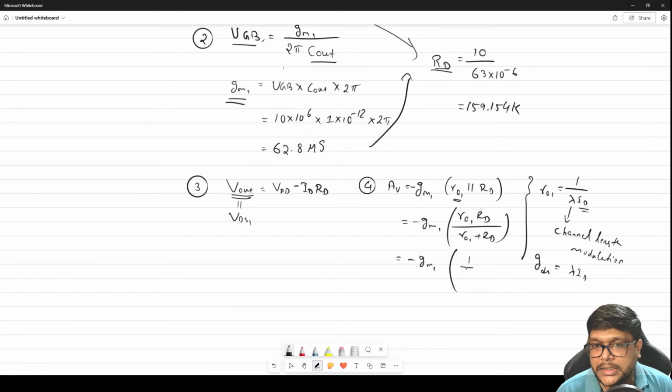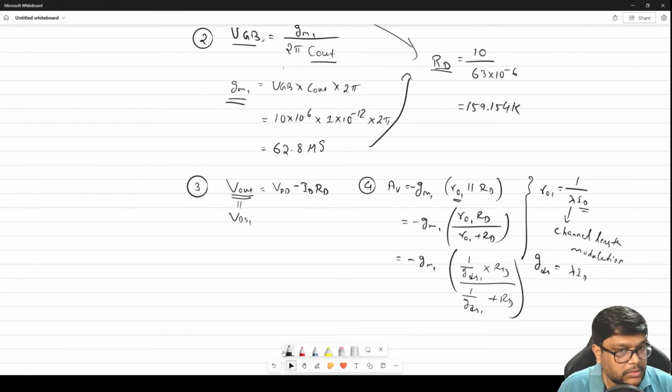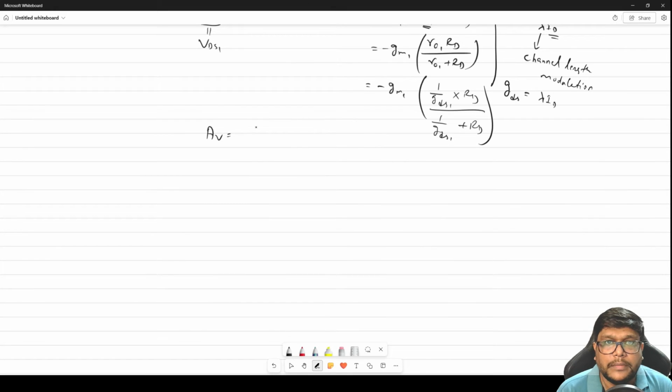So 1 by GDS1 into RT divided by 1 by GDS1 plus RT. Okay. So I can write like this: AV equal to minus GM1.